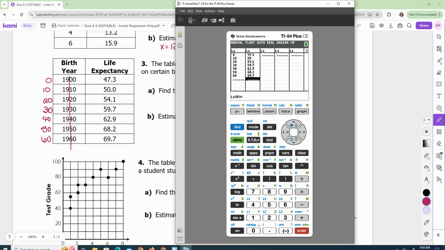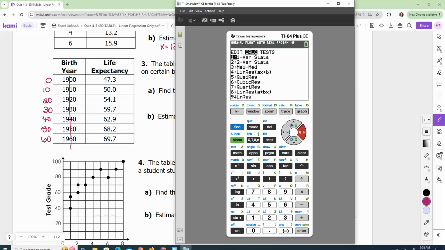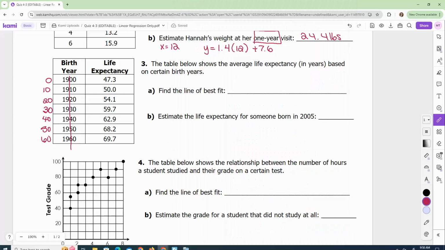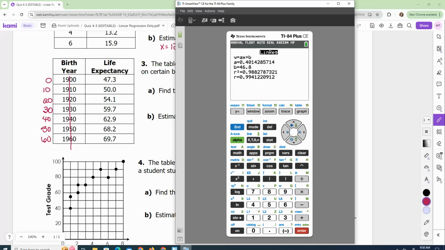Did everyone get that entered? And then you go to Stat, calculate number 4. Enter through everything here. Okay, this one is not quite as nice. So we have A equals 0.4014, so we usually did 2 decimal places, so 0.40. Plus what B was, 46.8.